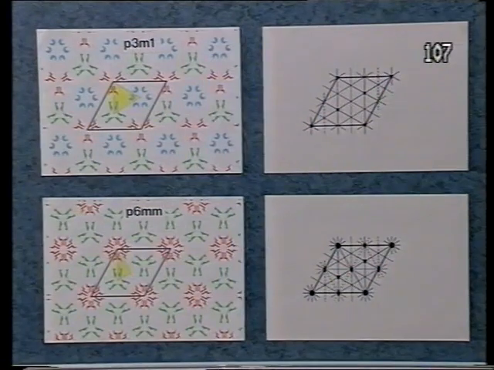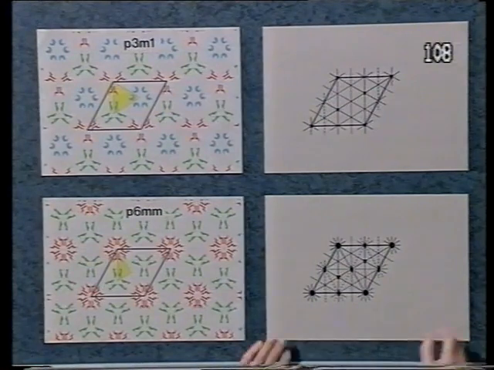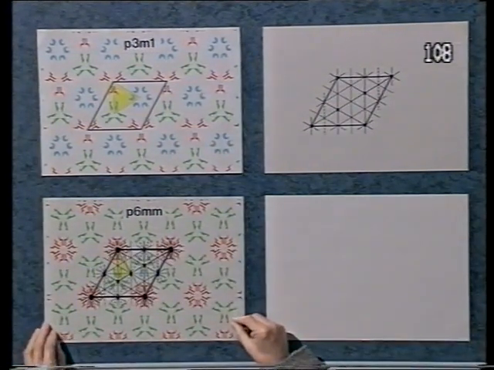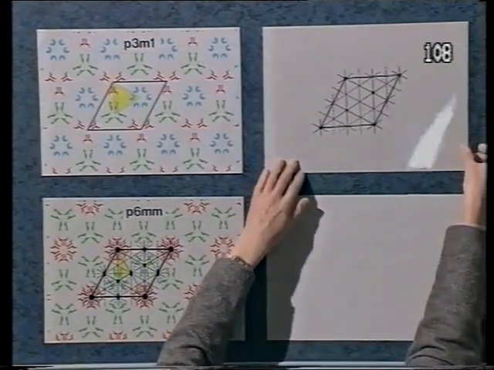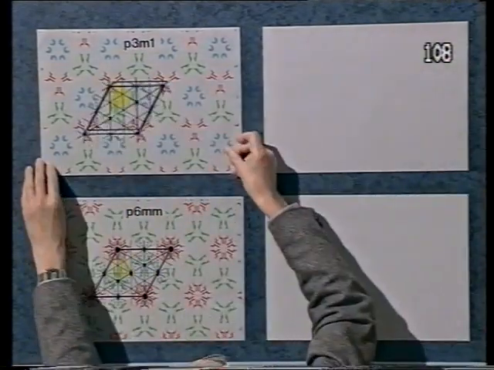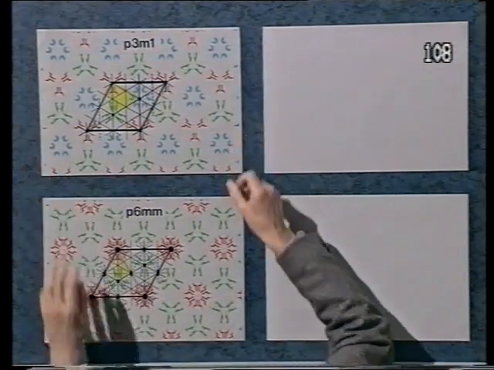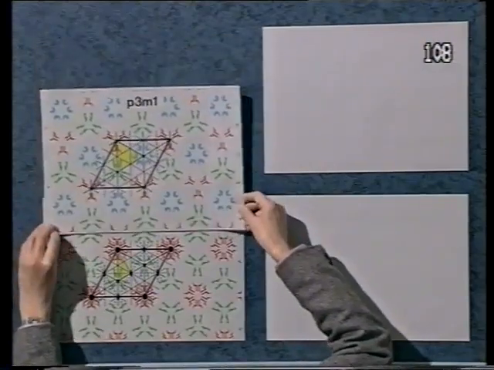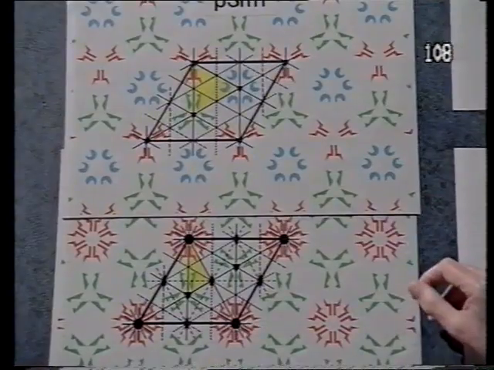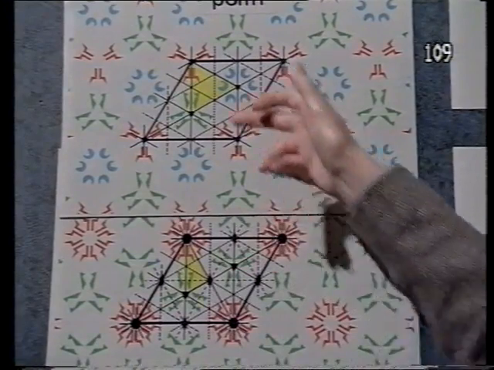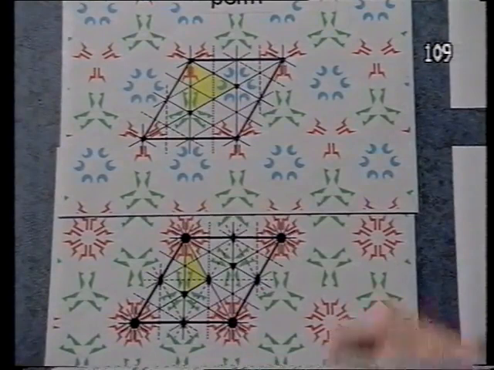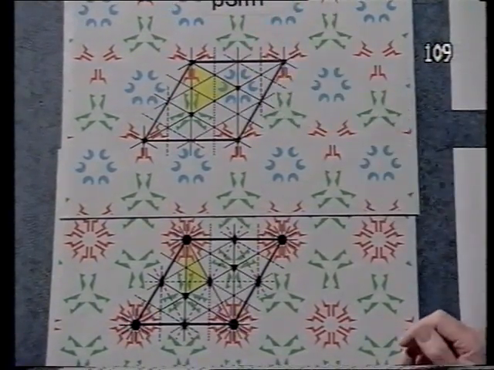To appreciate the differences in detail, let's overlay a marked up basic parallelogram for P6MM and also for P3M1. And now you can see that if we compare it to P6MM, we've lost all these indirect symmetries in lines parallel to the basis vectors, or indeed to the short diagonal.